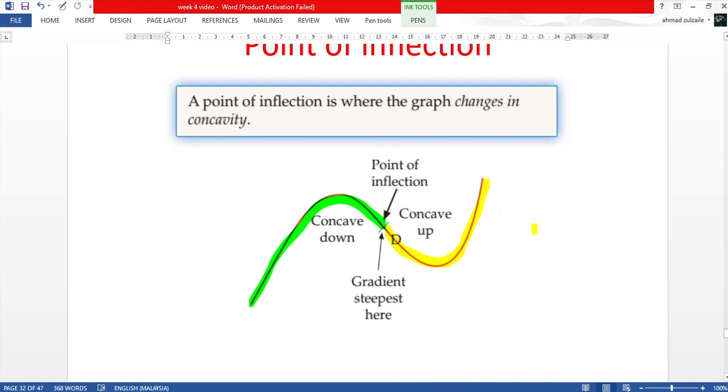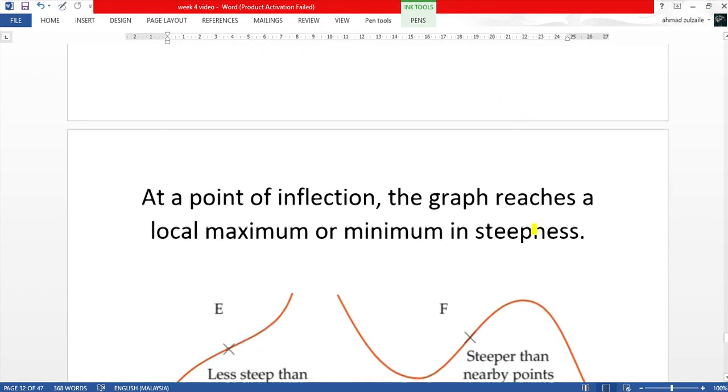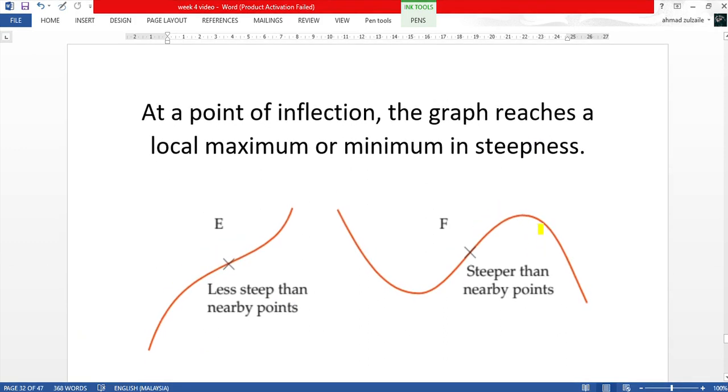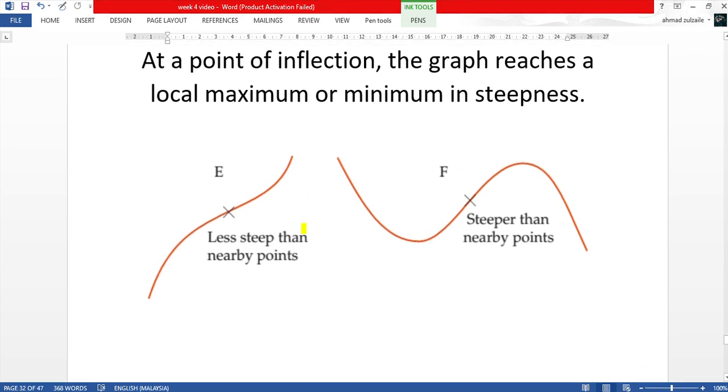Change in concavity. Right, so at the point of inflection, the graph reaches a local maximum or local minimum in steepness. You tengok for this line, if you notice, they start climbing up, meaning you have a positive gradient throughout the line.